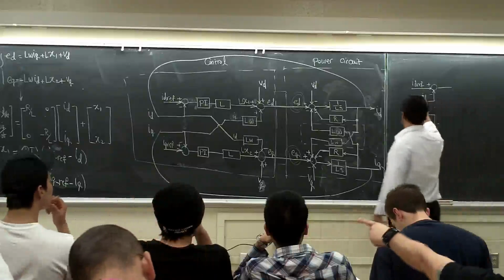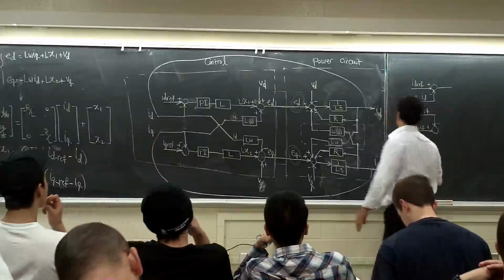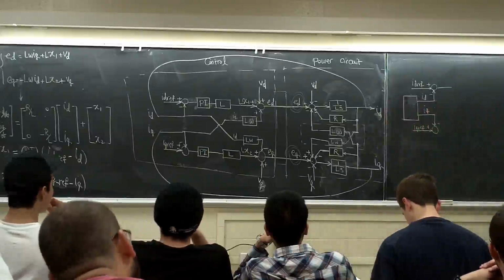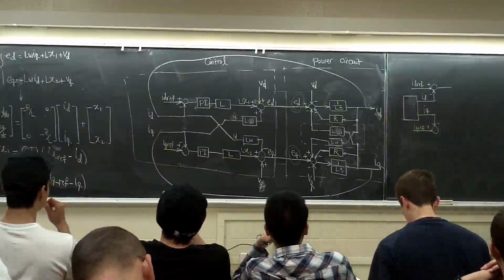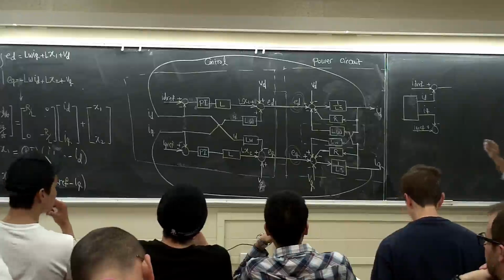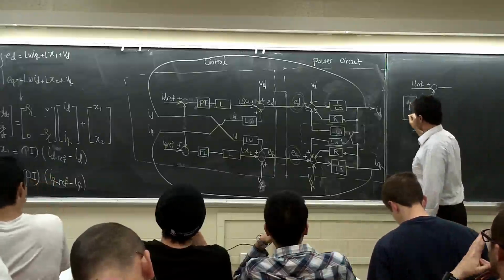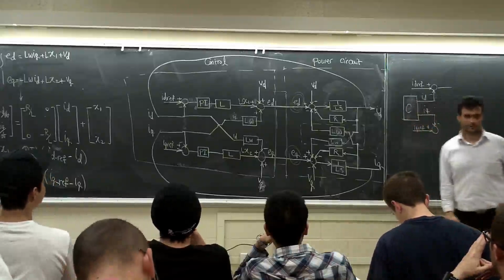How am I going to calculate my ID ref, IQ ref? ID, IQ. Somebody tell me. How? I'm going to calculate my ID, IQ. I'm going to follow it with C, right?